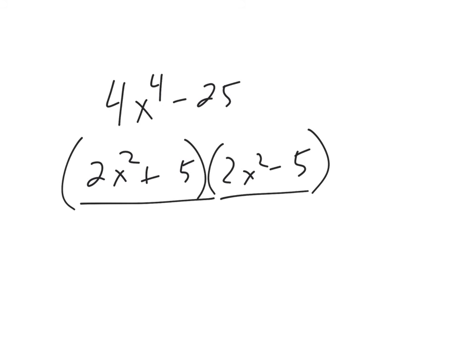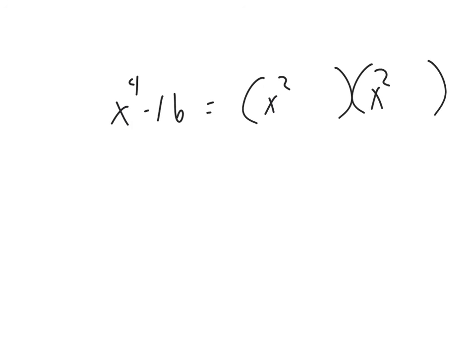But maybe, see if I can come up with one here. Oops, I want a 4 there. Okay, so now these are both perfect squares. So if I factor that, I'm going to have x squared and x squared. Then I'm going to have plus 4 and minus 4. Well, is one of those a difference of squares? This one's not because it's plus. But is this one a difference of squares?